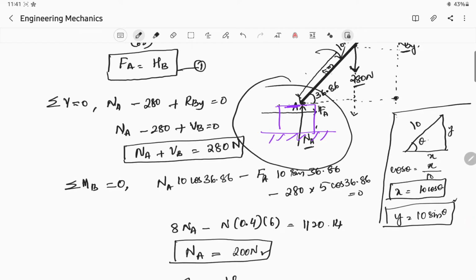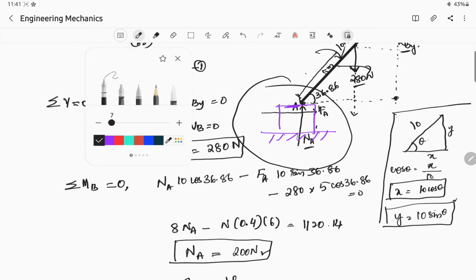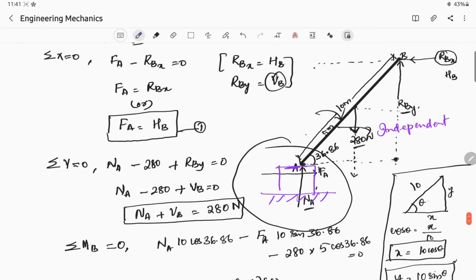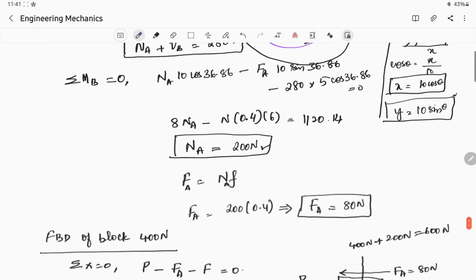Okay, understood? The bar AB was completely independent. That is why we considered bar AB first, then later on we considered the block.